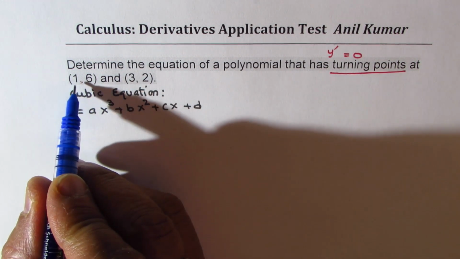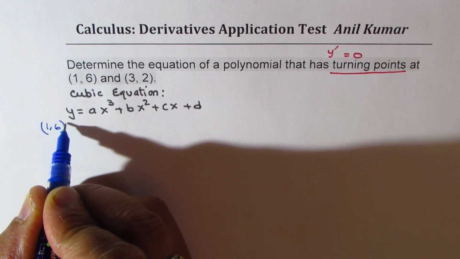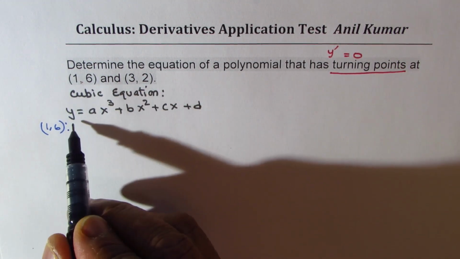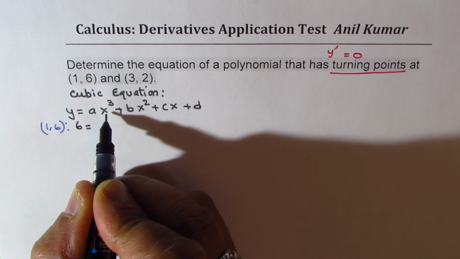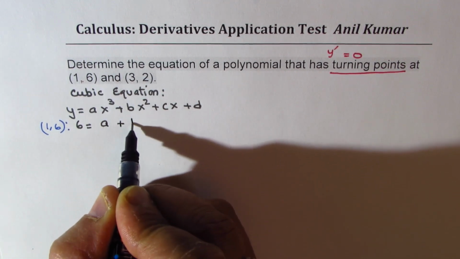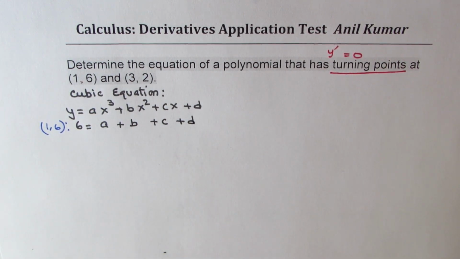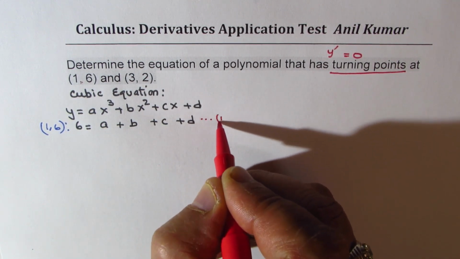So if I substitute 1 and 6, what do I get? Y value being 6, x being 1, we get a plus b plus c plus d, right? So we get one of our equations. I'll call this our equation number 1.